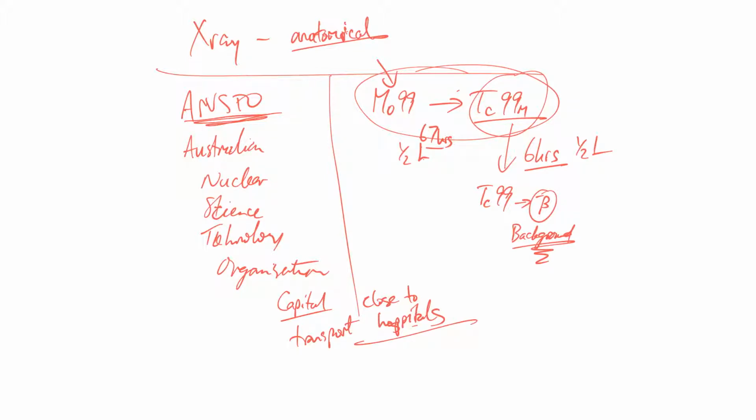And that's because of this short half-life, hospitals need to have a supply of these substances to use in their scanning. So they have to be close, or they have to be within airport range or transport range. By the way, it is at Lucas Heights, which is south of Sydney.